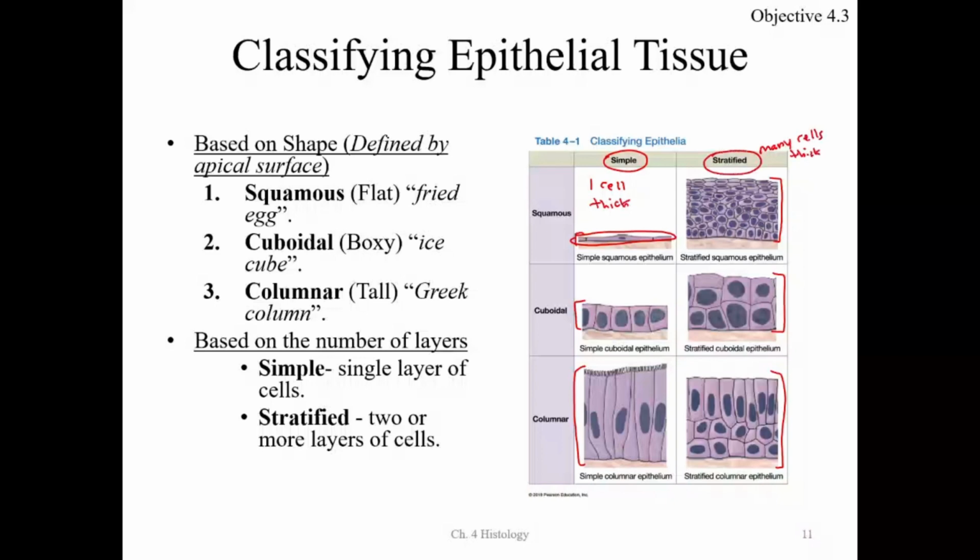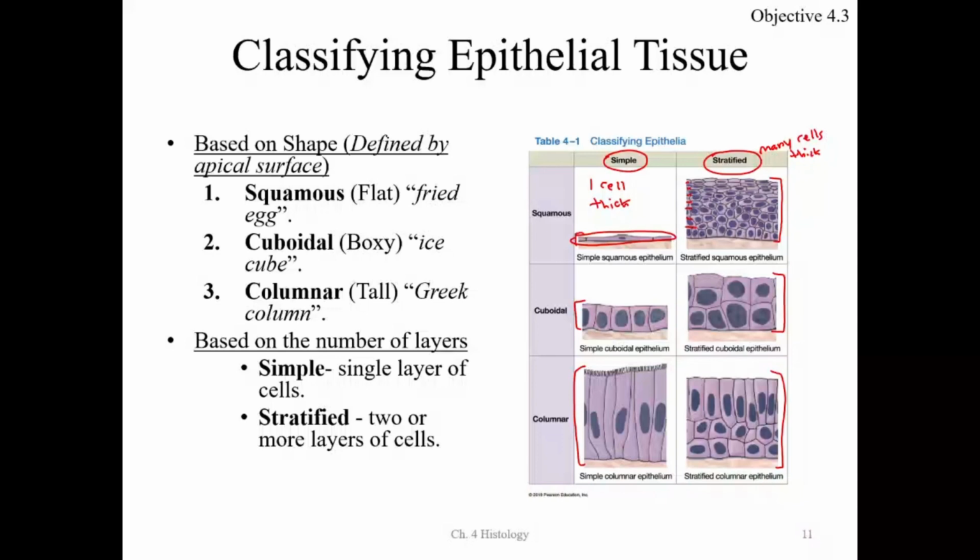So you have multiple layers of cells, called strata. Simple is a single layer of cells, and stratified is 2 or more. Now, take these together and combine them, and we get 6 new words.